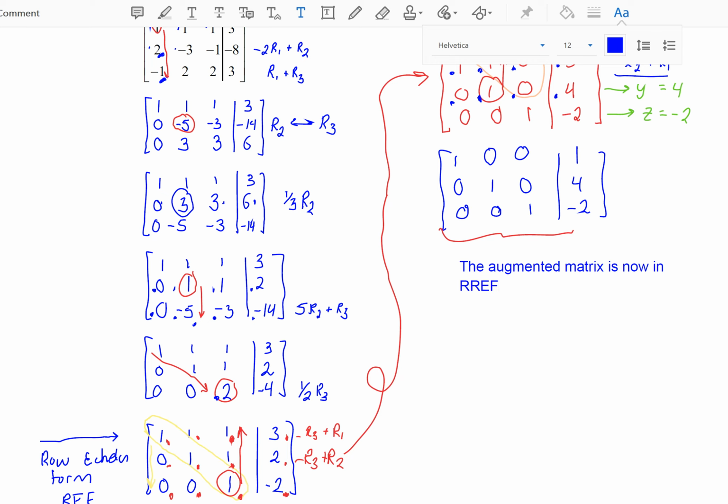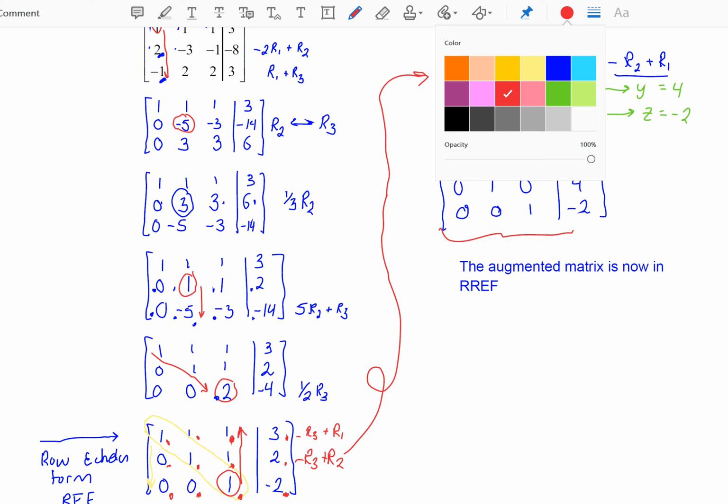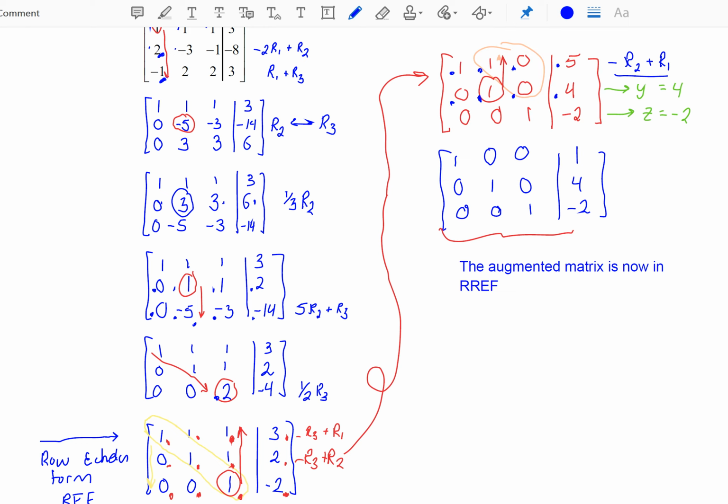And because it's in RREF, we would be able to finish finding the solutions of our system of equations by identifying that this can be rewritten to say x is equal to 1, y is equal to 4, and z is equal to -2, which is the ordered triple that is our solution that we found in our first example.